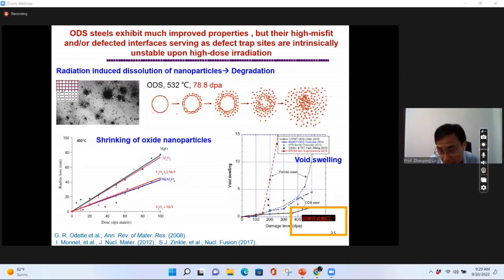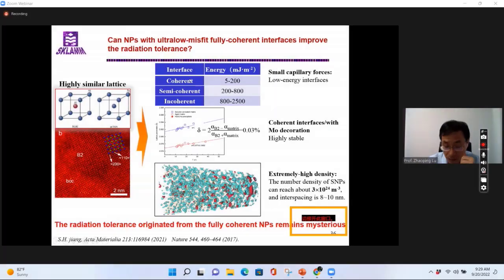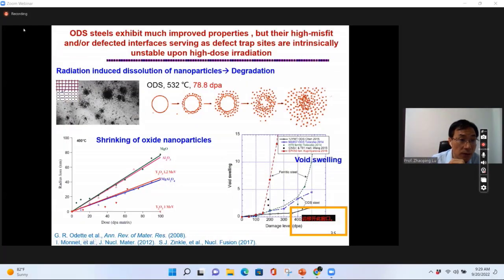So in this regard, actually, ODS steels, which contain numerous misfit interfaces, showed the best radiation tolerance so far.